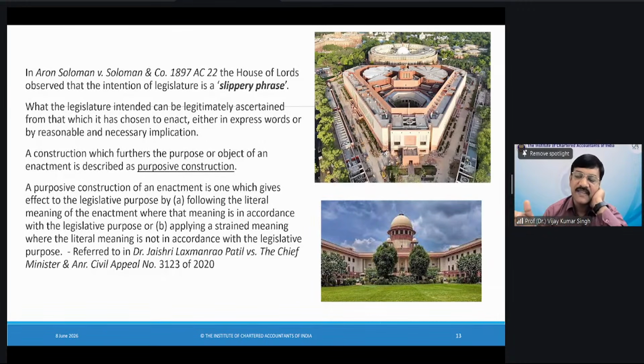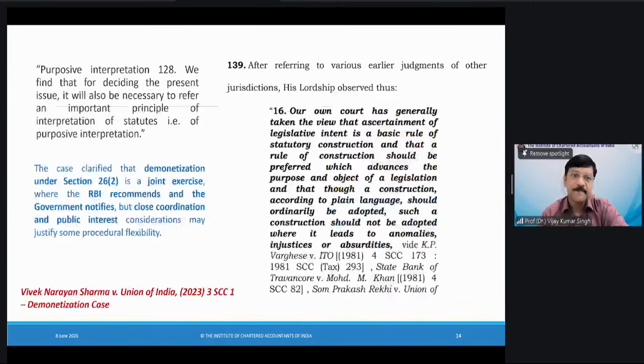But if it is not making sense, if you recollect our fourth principle, that the law needs to be made workable, this is where, applying a strained meaning where the literal meaning is not in accordance with the legislative purpose, there comes the purposive interpretation. You have to interpret the law to make some sense out of it. So purposive interpretation is an important requirement.